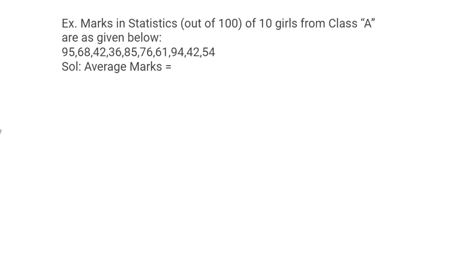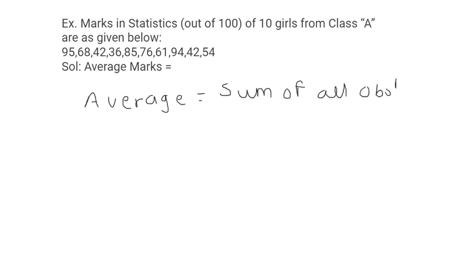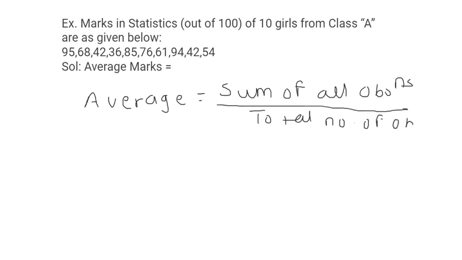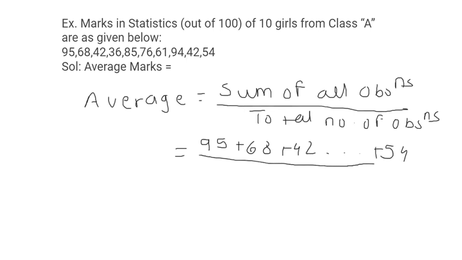So how can I find the average? The sum of all observations divided by the total number of observations. The observations are 95, 68, plus 42, up to 54, divided by the total number of observations, that is 10.